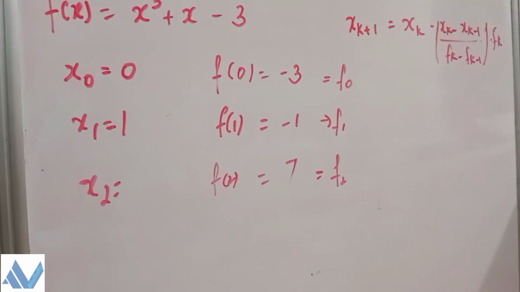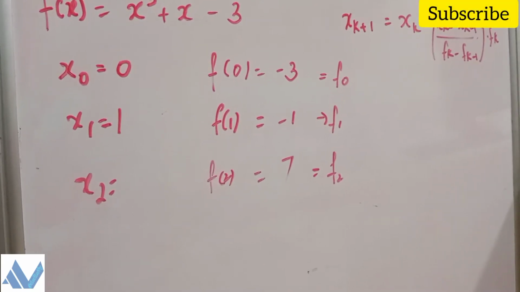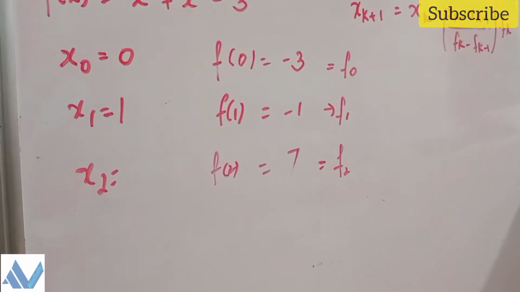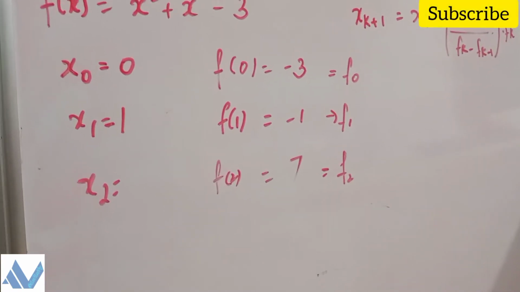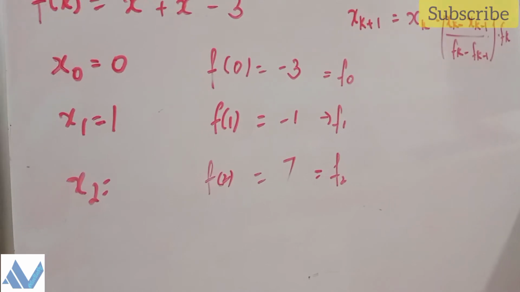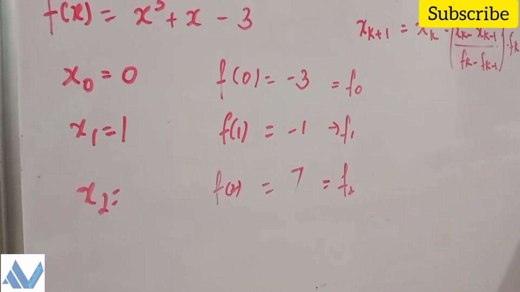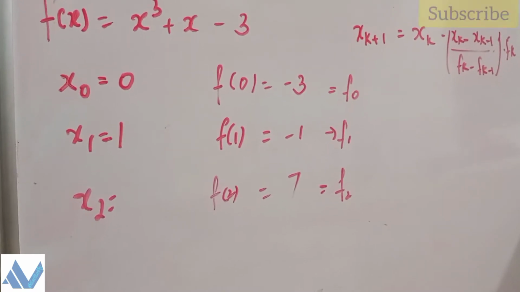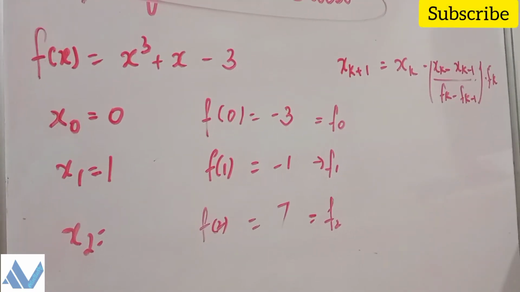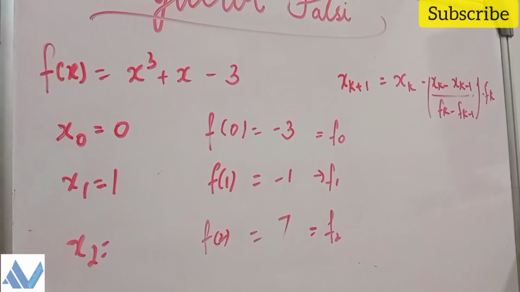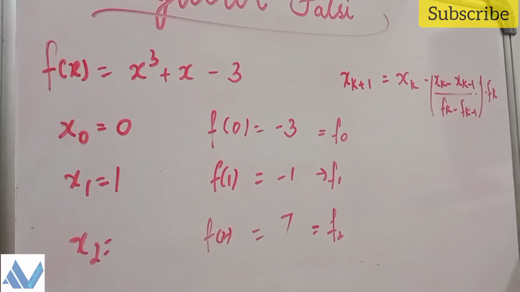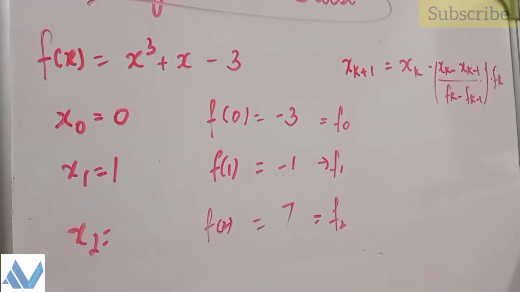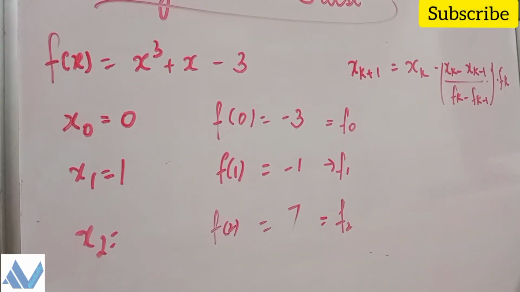So here we have got the value x1 is negative and x2 is positive. So we have got the lesser than value and greater than value. In the regula falsi method, we mix the bisection and secant methods in short. For the understanding, I am saying this. So the regula falsi method is a mix of the bisection method and the secant method. Here we got x1 is negative and x2 is positive.